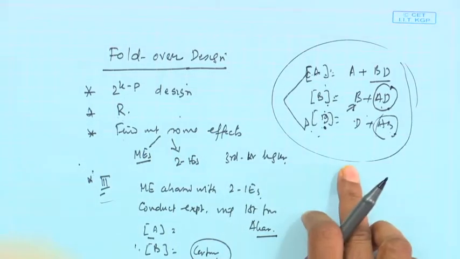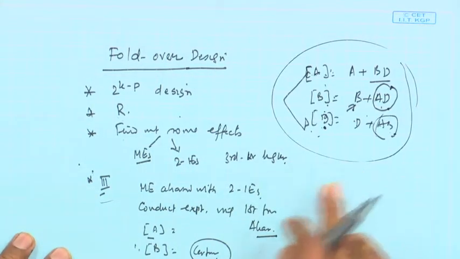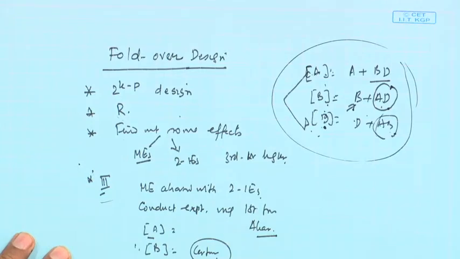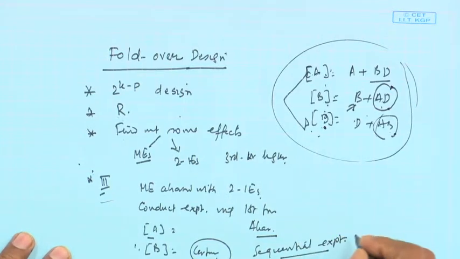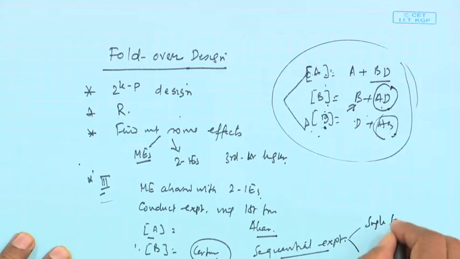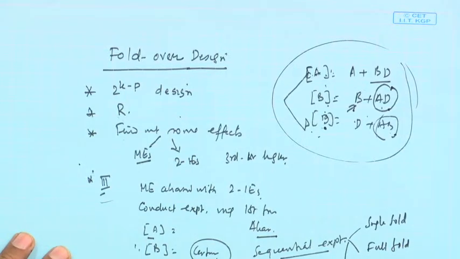If you get this kind of structure, then what do you require? You require to go for sequential experimentation. And in sequential experimentation, you can go for single foldover or full foldover or a combination.